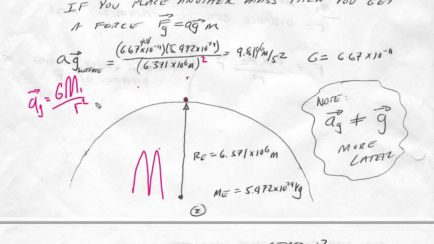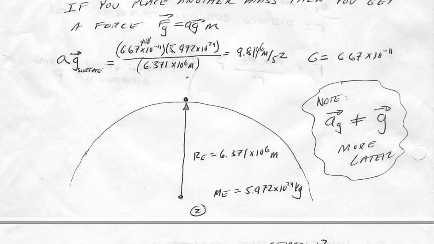That's it. So this second mass has nothing to do with it. If I'm just measuring the field, I'm just doing a dot. There's no mass. Now, A sub G does not equal G, which we'll talk about more later. They're not the same thing, but they're close. This chapter is important to talk about why they're different.